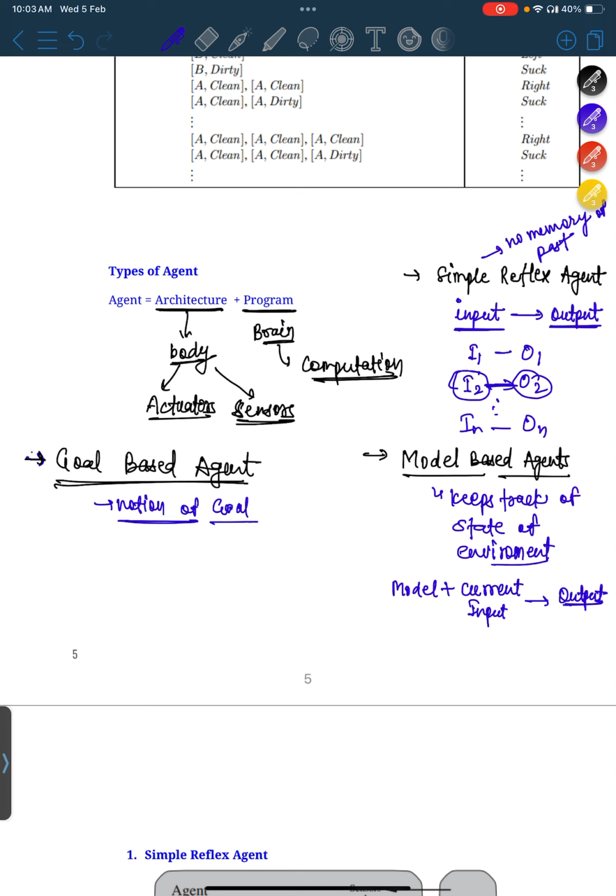For example, अगर आप ड्राइविंग एजेंट की बात कर रहे हो तो what the driving agent will do is, I need to reach a particular destination. For the driving agent, reaching a particular destination can be considered the goal. So now it has a purpose. Our agent has a purpose कि मुझे ये task करना है. So these are known as the goal-based agents, which have this concept of goal.